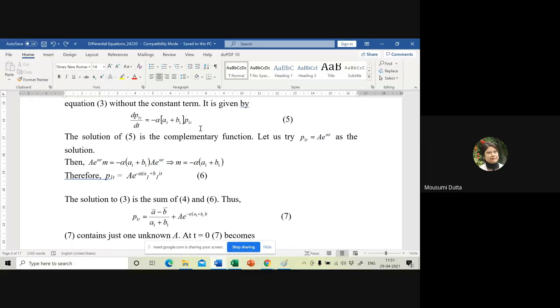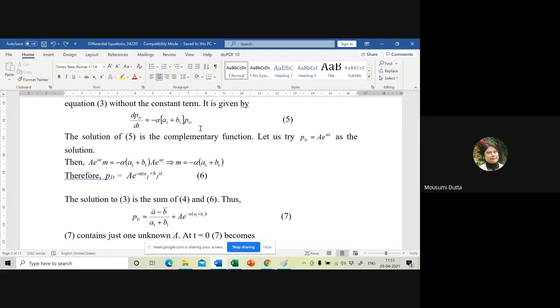Now to derive the complementary function, we have to consider a trial solution. In case of a difference equation, we consider a b to the power t as the trial solution.